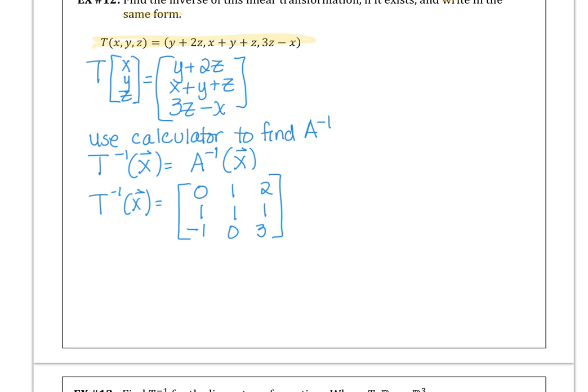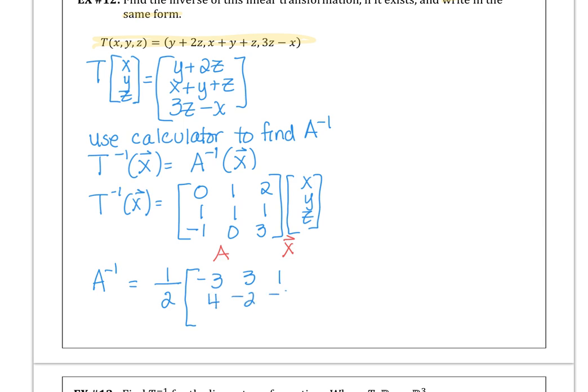This is my A matrix, and I've got to multiply it by my X bar, and X bar is X, Y, Z. So the inverse that my calculator has given us is 1 over 2, -3, 3, 1, 4, -2, -2, -1, 1, and 1.